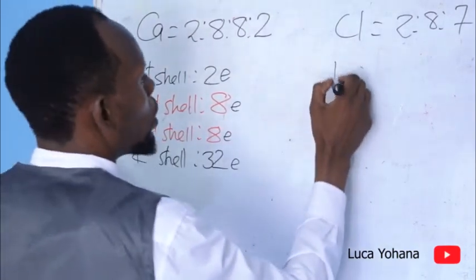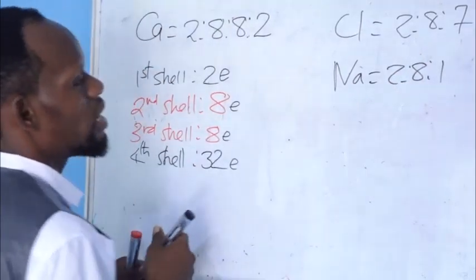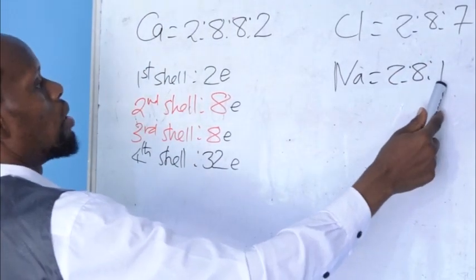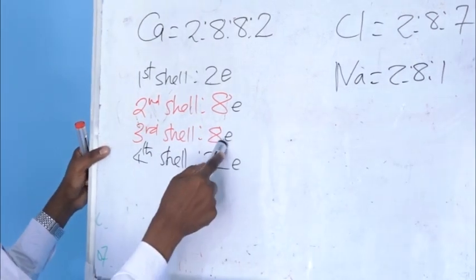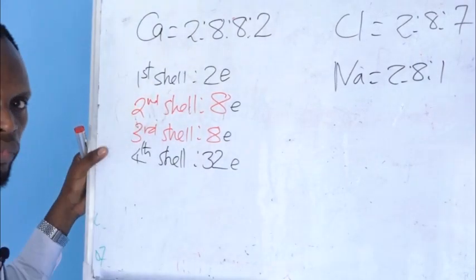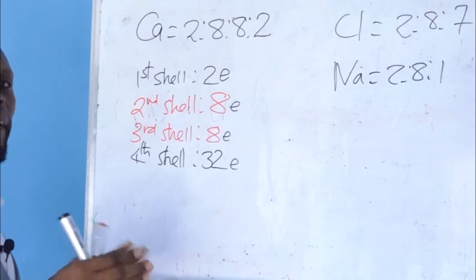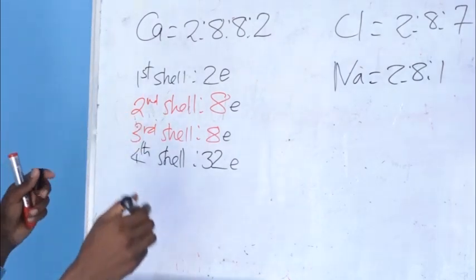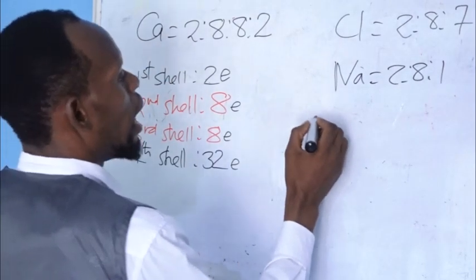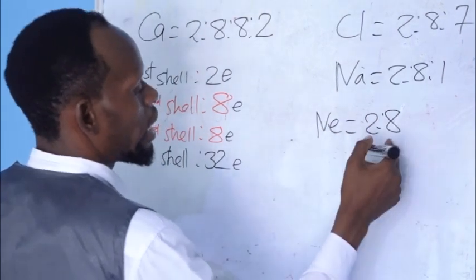Now let's say sodium. Sodium is 2,8,1. Look, the outermost shell is the third shell with 1 electron, while the third shell should have 8 electrons. So this is an unstable atom. Here I was trying to let you know about stable and unstable atoms. The stable atoms include neon. Neon is 2,8, 10 electrons.